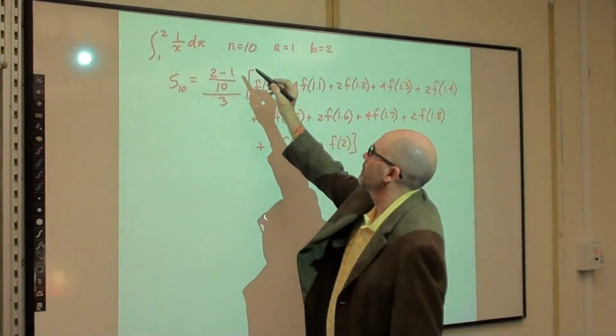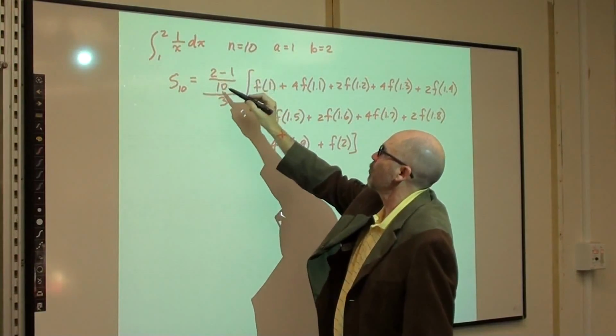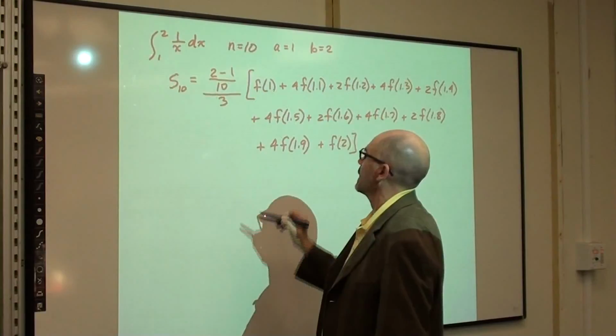So we've got b minus a over n, so we have 1/10 divided by 3.